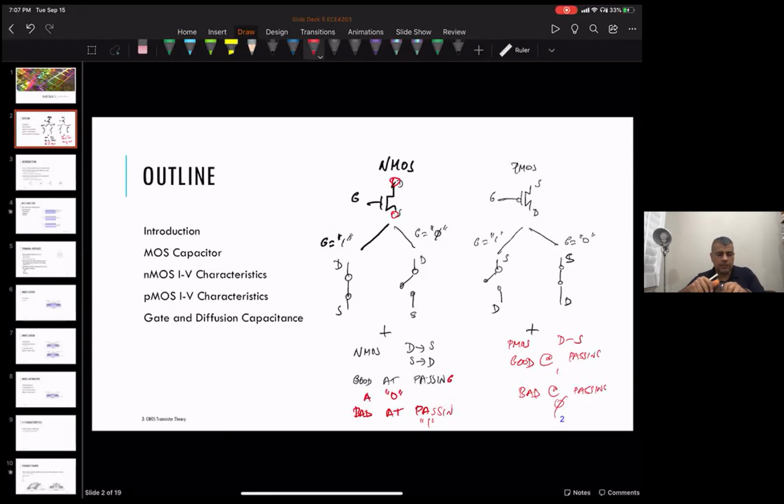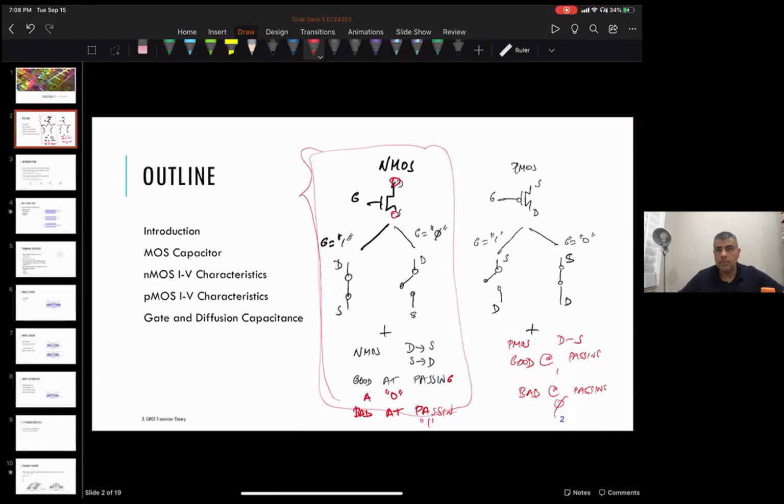So starting with this lecture, we're going to be looking at what a MOS transistor, NMOS or PMOS, actually looks like, and we're going to look at its voltage versus current characteristics. In the following lectures, we'll work all the way back to how, and under what conditions, we can use it as a switch, and why this simple model works most of the time.